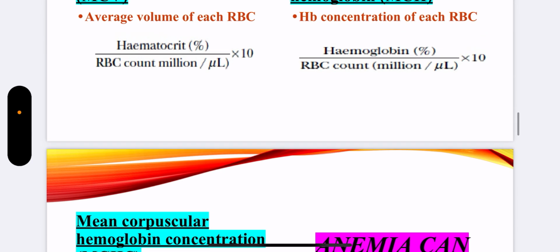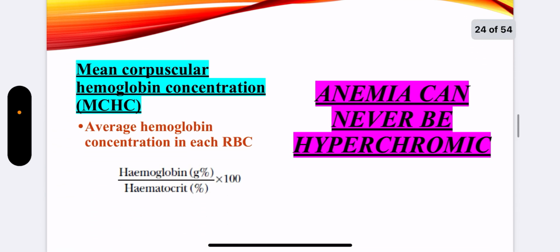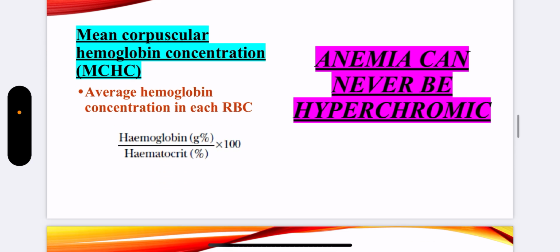Normal MCV means normocyte, decreased MCV microcyte, more MCV than normal macrocytes. MCHC, when it is normal, normochromia is there. When it is lesser, there is hypochromia. But anemia can never be hyperchromic.